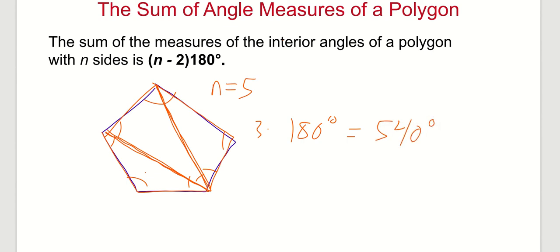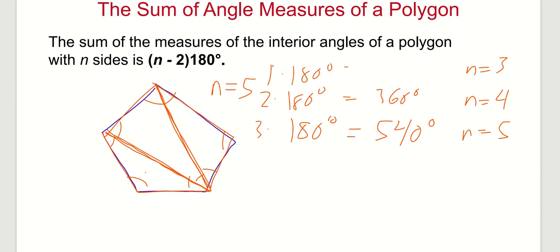So let's look for a pattern here. When we had a quadrilateral, we saw a moment ago we got 2 triangles for 180, which gave us 360 degrees. When we had just our basic old triangle, which is what everything is based off of, that was just one triangle for 180, which gave us 180 degrees. And there's a pattern here.